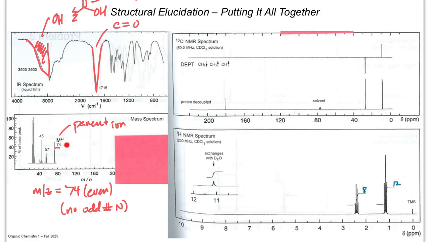One other sort of logical thing, since the parent of 74 must contain all of the elements of the molecular formula, the atomic mass of bromine is 79. So 74 is 5 less than that, so there can't be a bromine. That mass could contain chlorine, but since the M+2 signature for chlorine is not listed, we can eliminate that as well.